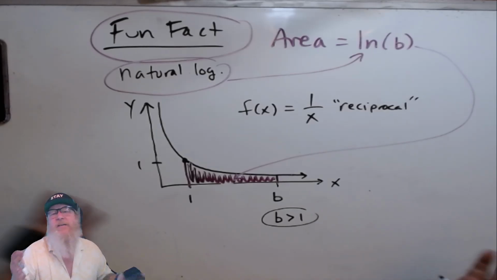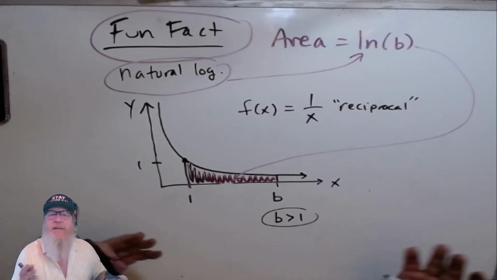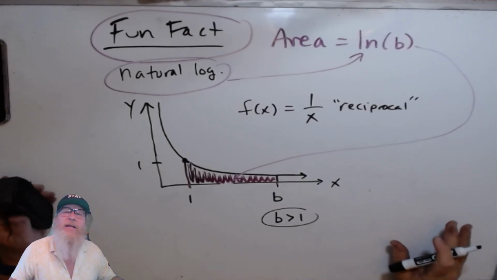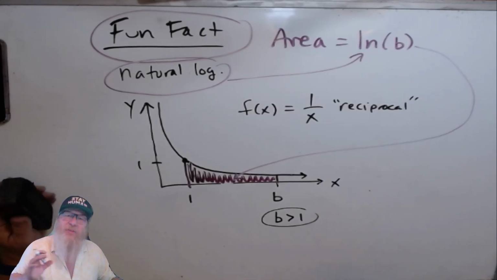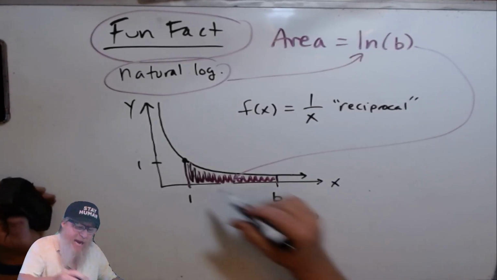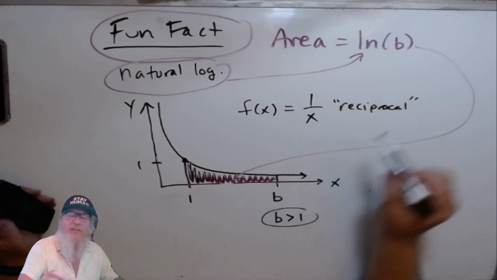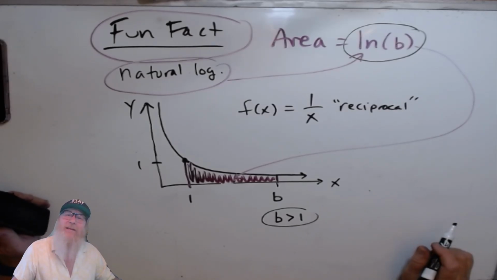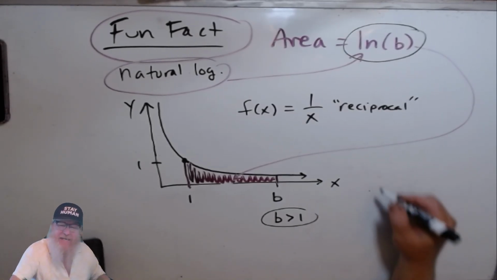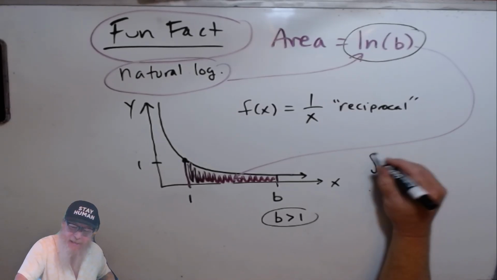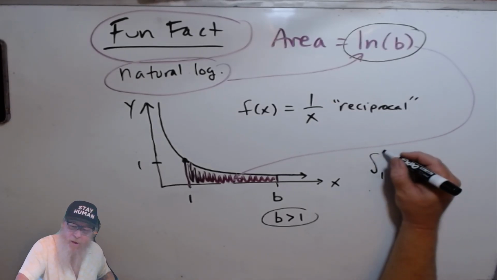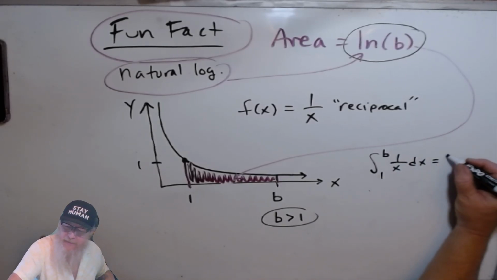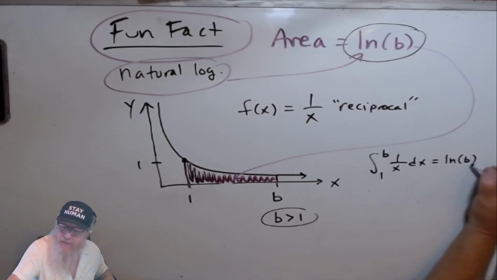We always think of it in terms of exponentials and the natural base e, and I did a whole lesson on it. But if you really think about it, the area is exactly the definition of the natural log. And so what this means is that the integral from 1 to b of 1 over x dx is the ln of b.